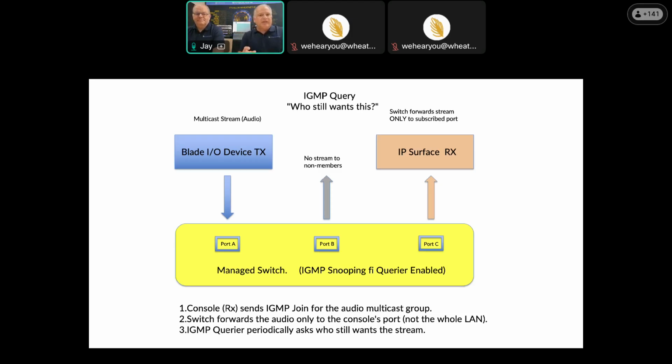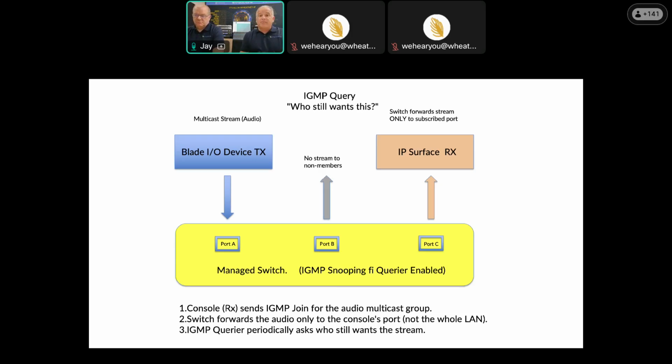Wheatstone takes it one level farther because it's our hardware, our protocol, our drivers. What you'll find in many multicast systems is they're always sending audio to outputs, destinations. They're like, hey, do you need me? Do you need me? One of the neat things about WheatNet IP is that we actually prune that network.